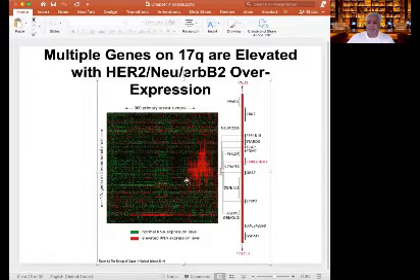So you can see here in about 1/5 or so of these tumors from these 360 patients, we can see that there's a neighboring effect. So not only is the HER2 gene expressed at a higher level, but neighboring genes are too.